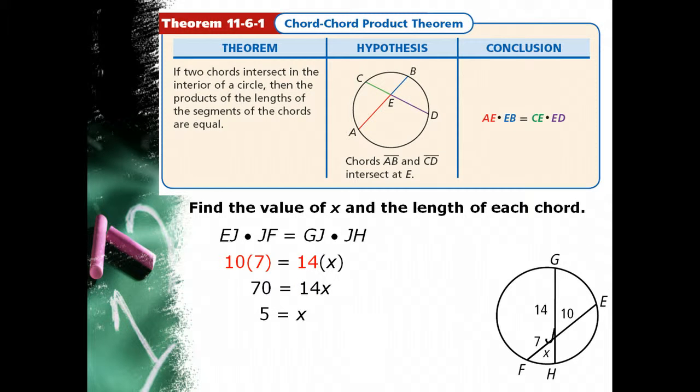We divide and we get that X equals 5. Then to find the lengths of the chords, we just add up the separate lengths. We have EF, goes straight across this way, and it is 7 and 10, so that would be 17. And GH would be 14 and 5, so that would be 19.